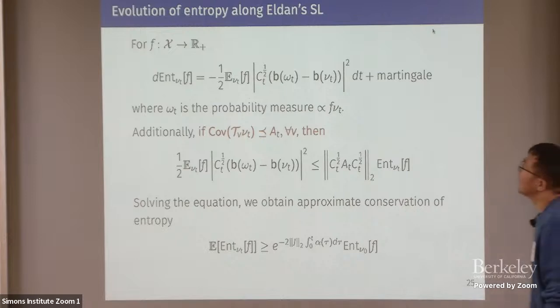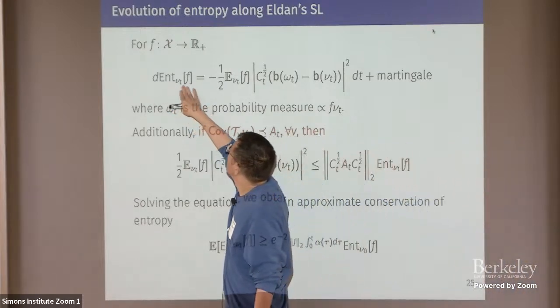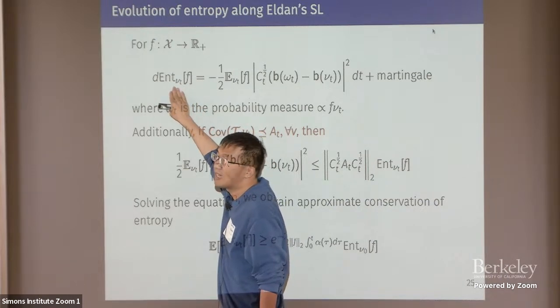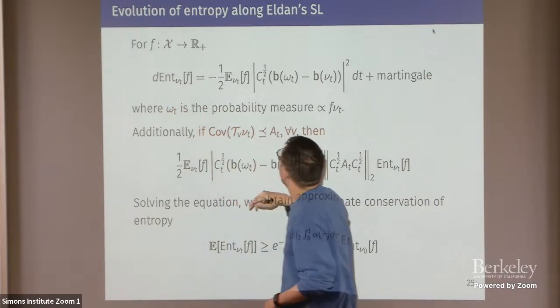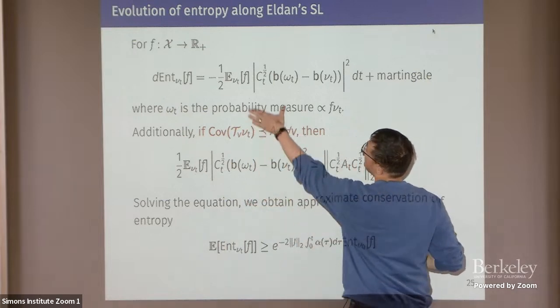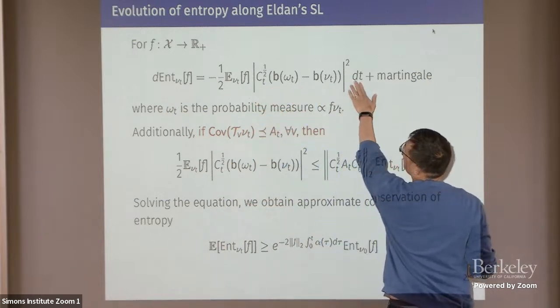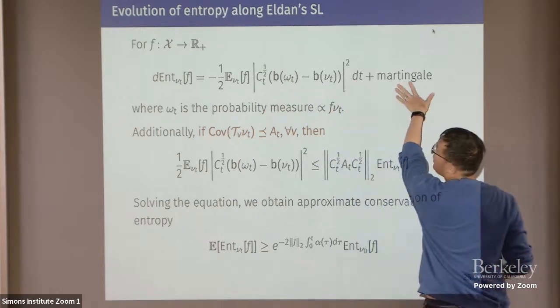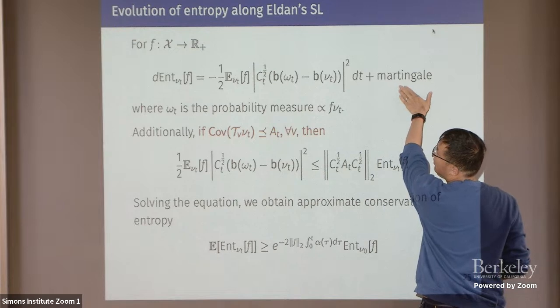Actually, you take the entropy of some test function with respect to the measure at time t, and you take the derivative, and usually you'll have some terms that depend on dt and some martingale terms that only depend on the Brownian motion part.